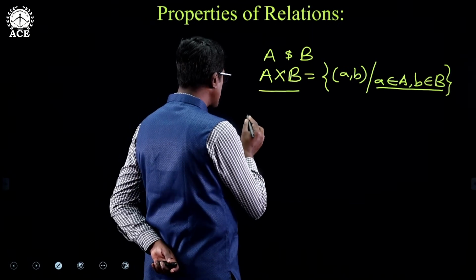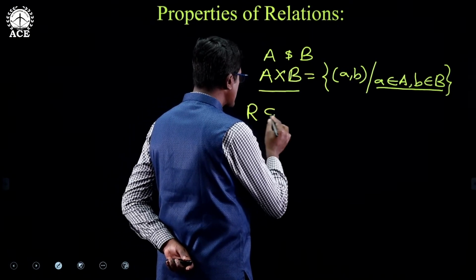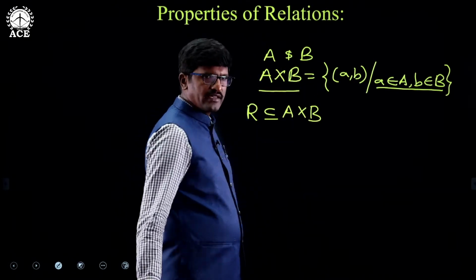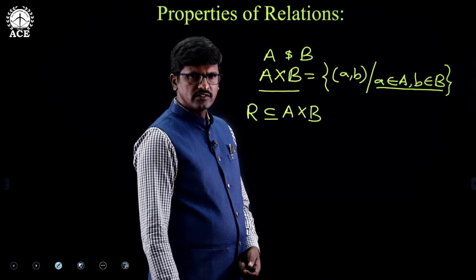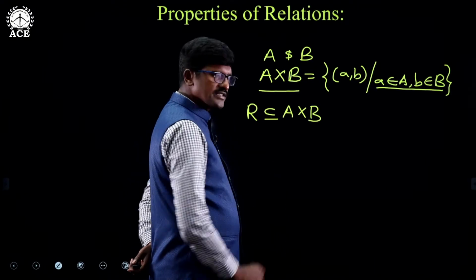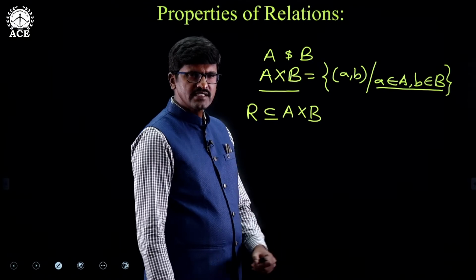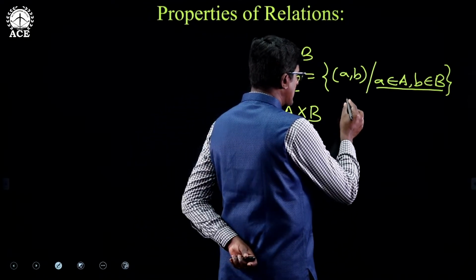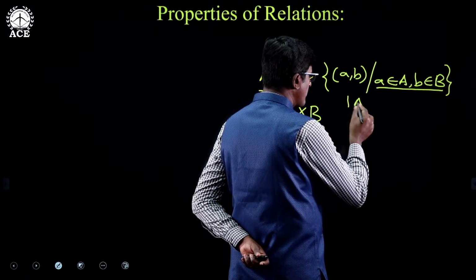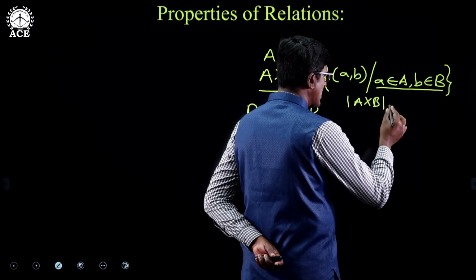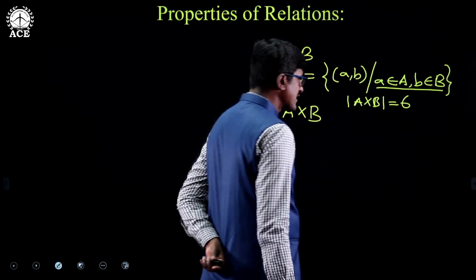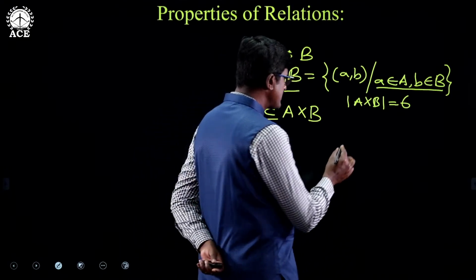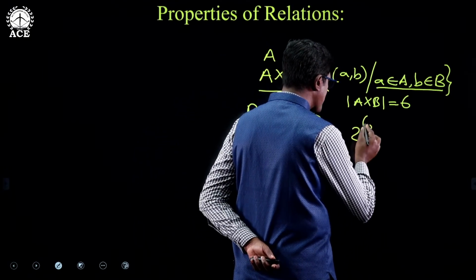Now what does relation mean? Relation is a subset of the Cartesian product. For A cross B, there exist some subsets, and a relation is one of these subsets. For example, assume that the cardinality of A cross B is equal to 6, then there will be 2 power 6 subsets.